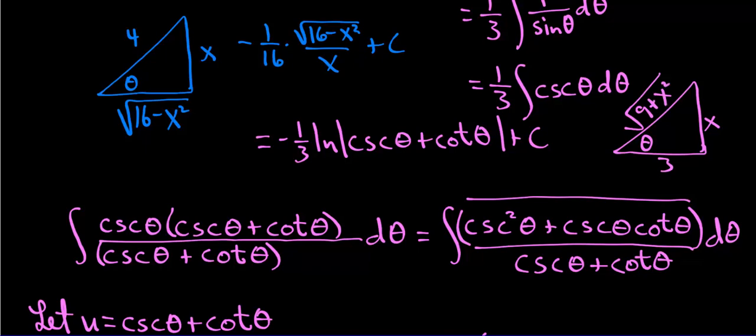Okay, so let's see what we've got here now. We've got negative 1/3 natural log. Cosecant is hypotenuse over opposite. Cotangent is adjacent over opposite.